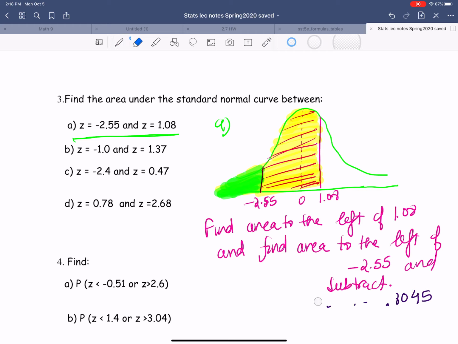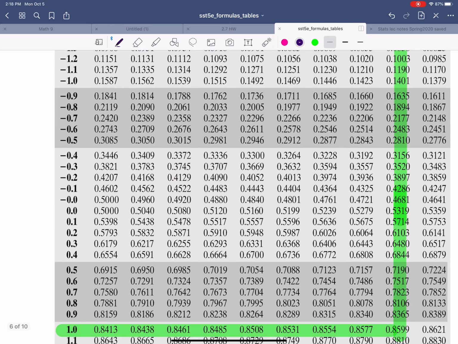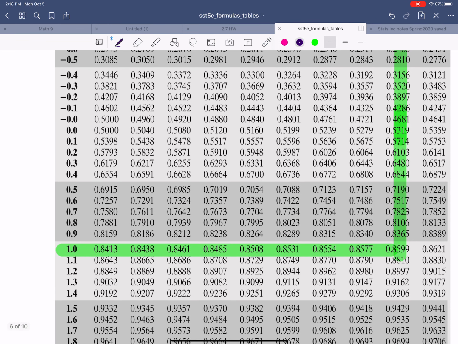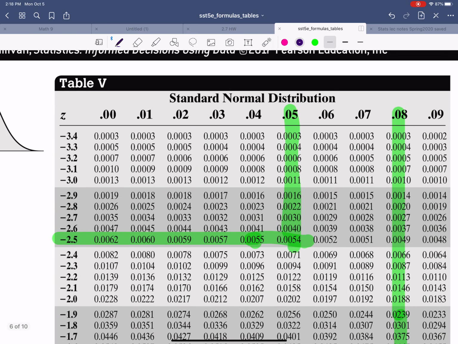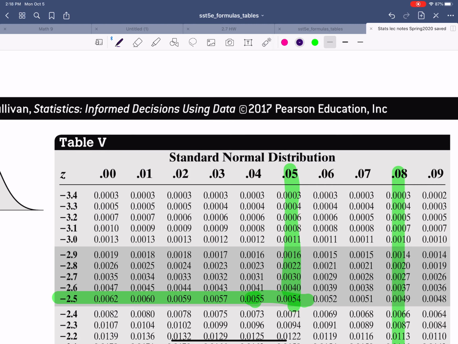1.08 is 0.8599. Okay. And negative 2.55 is 0.0054.